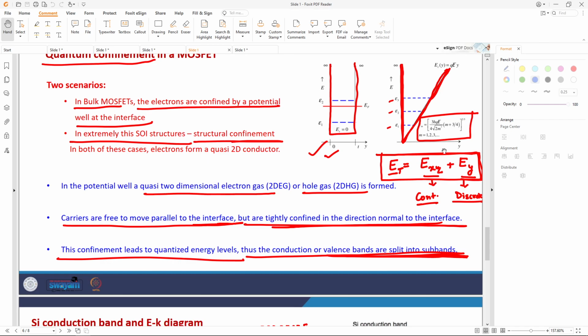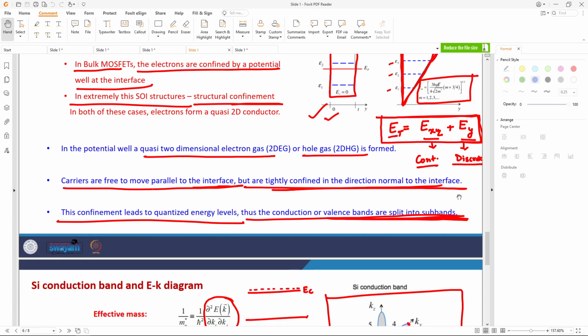This part we have discussed before. In the xz direction, the energy will be continuous. In the y direction, the energy will be discrete. I think in week 5 or week 6, we discussed this. The video slides, everything are up. You can go back and revise these.